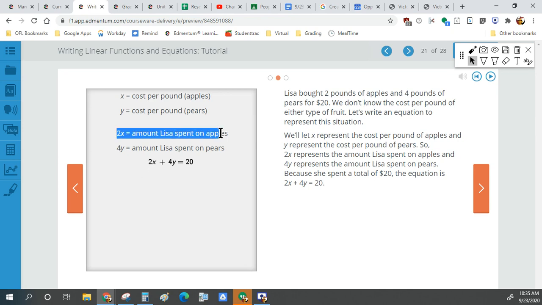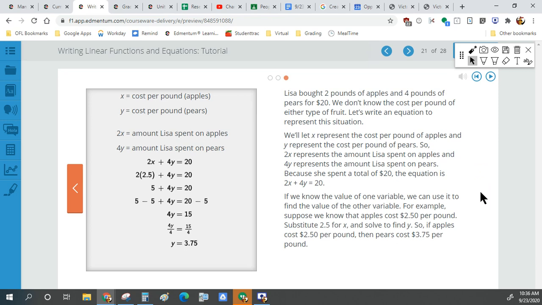So that's why we're getting this right now. They're getting the exact same formula I wrote down. Here, they're saying we found out how much the apples cost. If we know how much the apples cost, we can plug it into our x.